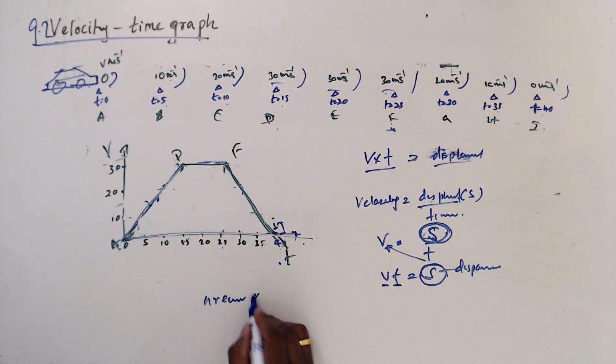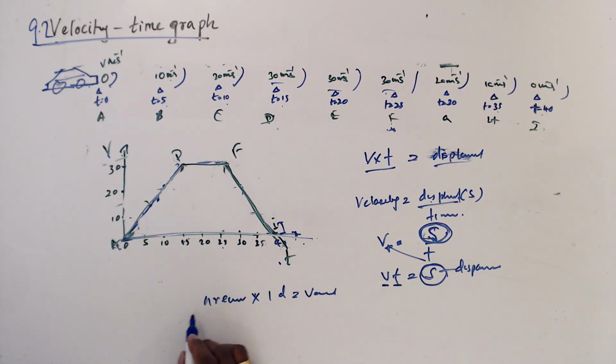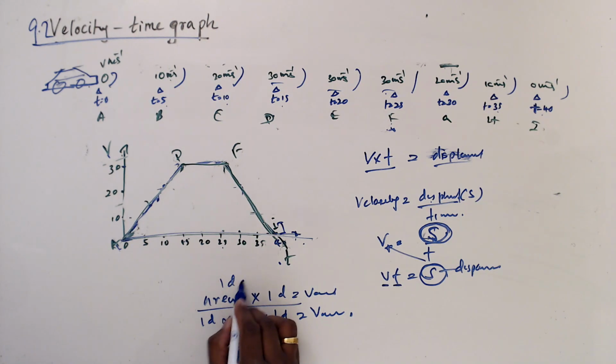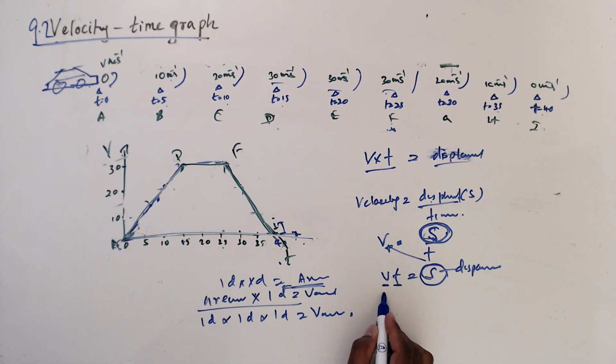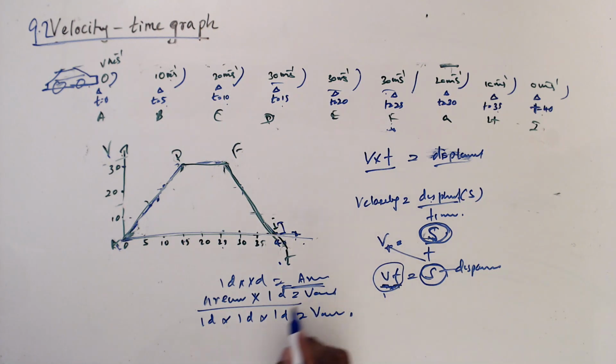If you multiply area by one more dimension, you will get volume. So V is 1D, T is 1D, and when you multiply, you will get the area.